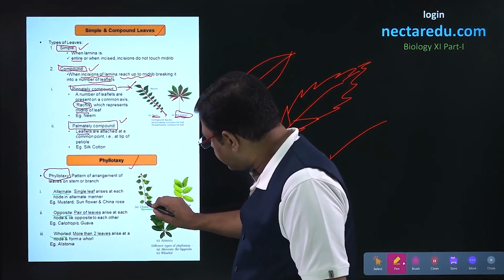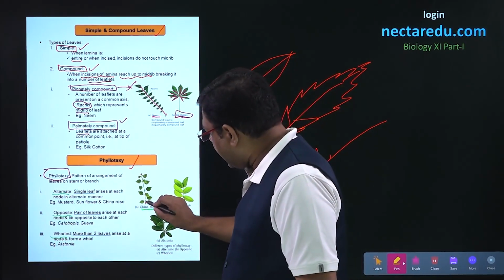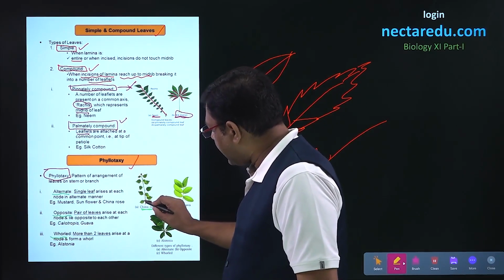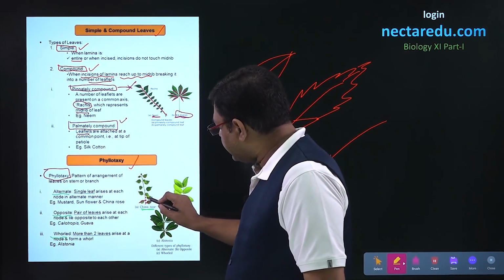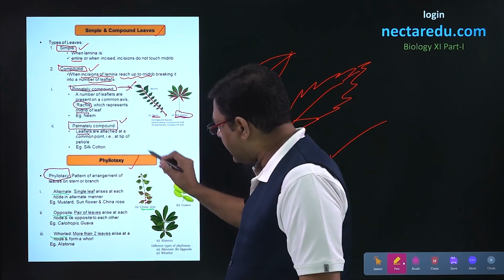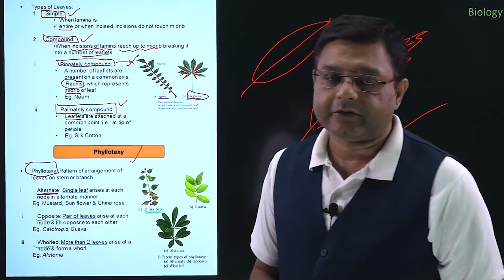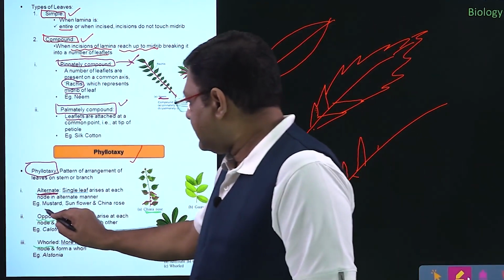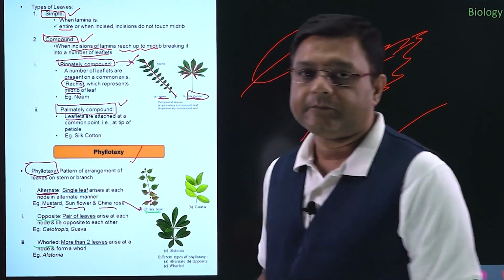Say, for example, this is the node, from this a leaf arises. There will be another node and a leaf will arise on the opposite side. From the next node, again alternately leaves will go on arising, and that is why it is called alternate phyllotaxy. Examples are mustard, sunflower and China rose, which is shown here.